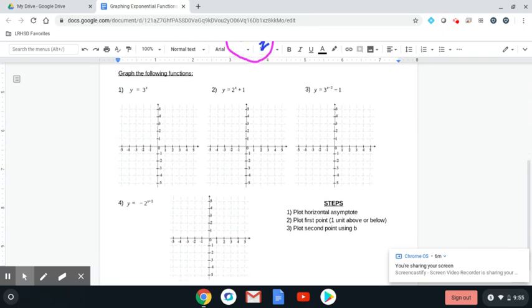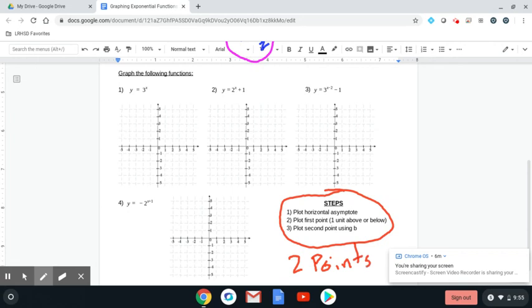When you're graphing these functions, I gave you, in the bottom right corner, a list of 3 steps to follow that will help you graph all of these. And again, when you graph these, you only need to give me 2 points. You never need to give me anything more than 2 points.